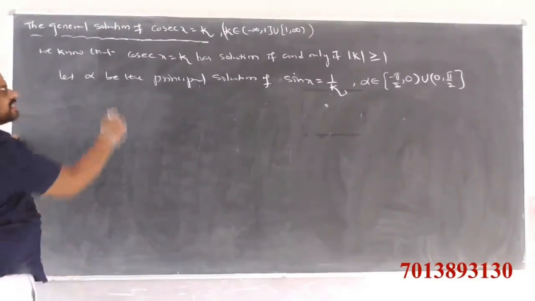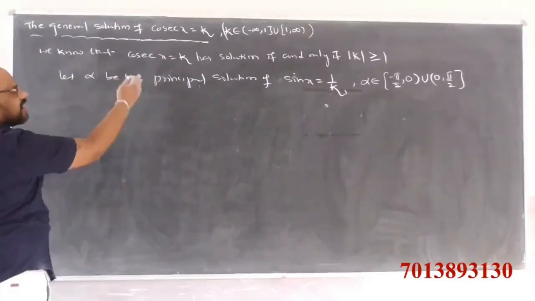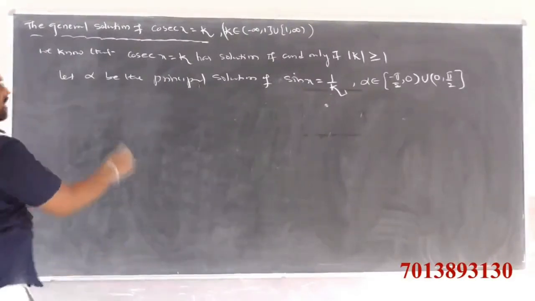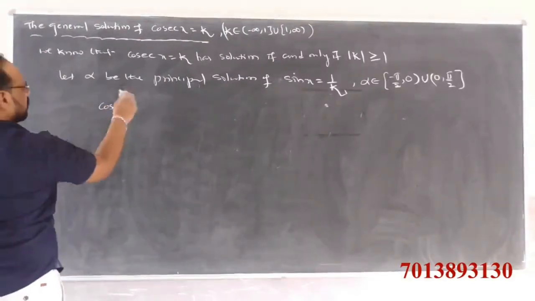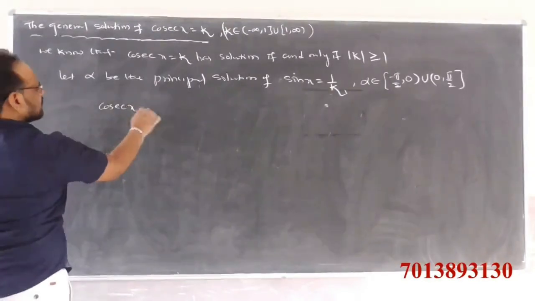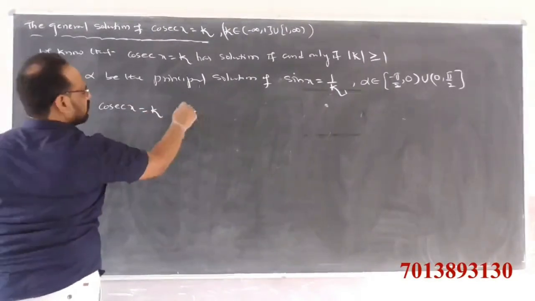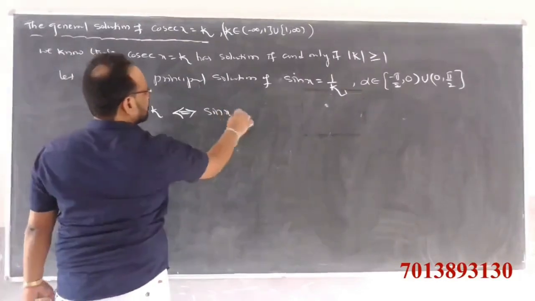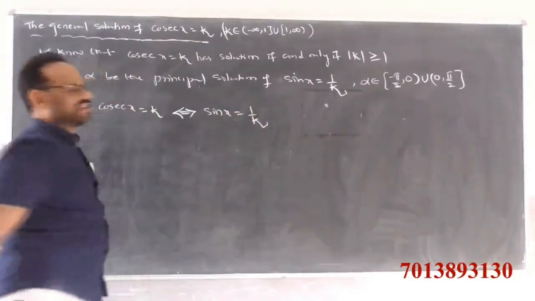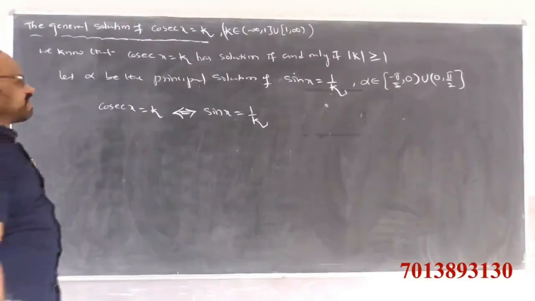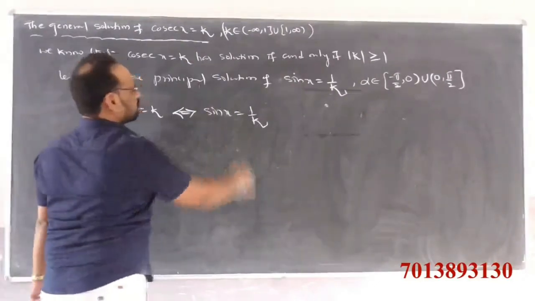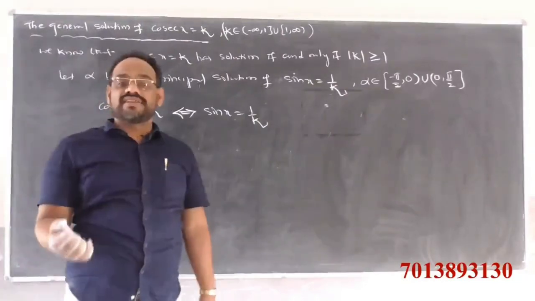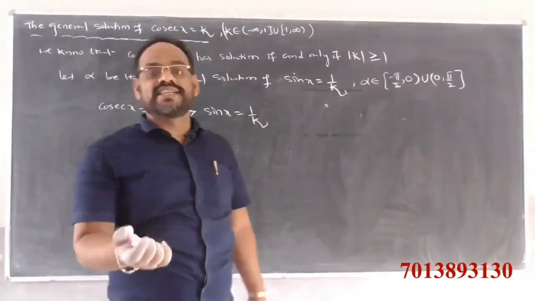So clearly, if alpha is the principal solution of sin x equals 1 by k, then cosecant x equals k and sin x equals 1 by k have the same solutions. That means the general solution of cosecant x equals k is the same as that of sin x equals 1 by k.